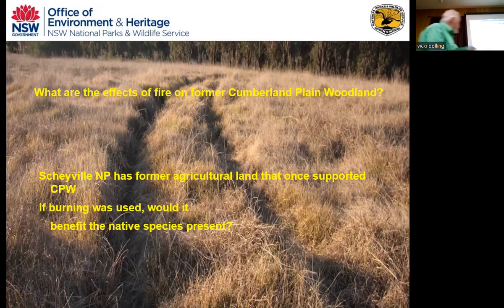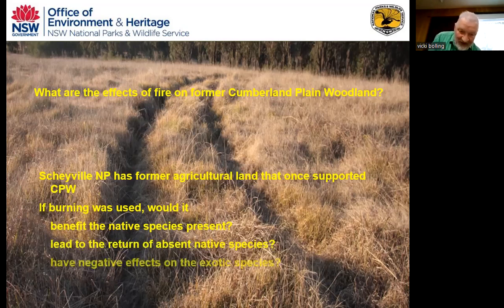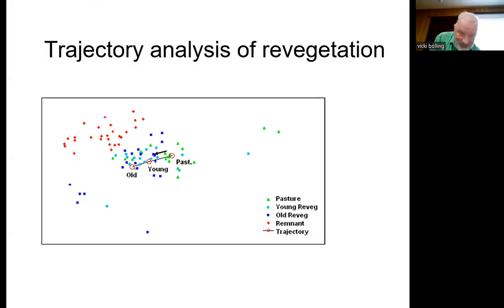This is African lovegrass, and it looks like 100% African lovegrass, but actually there's a bunch of other species, particularly native species, in very low numbers underneath that canopy, which is effectively a 30-centimetre high rainforest canopy. It's shading everything pretty much. So we wanted to find out, could we get the species coming back?